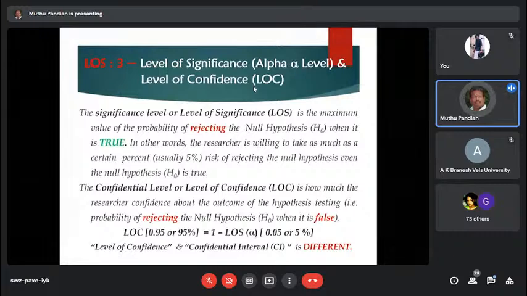What is the probability of rejecting the null hypothesis when it is true? In other words, the researcher is willing to take a certain percentage, usually a 5% risk, of rejecting the null hypothesis even though the null hypothesis is true.